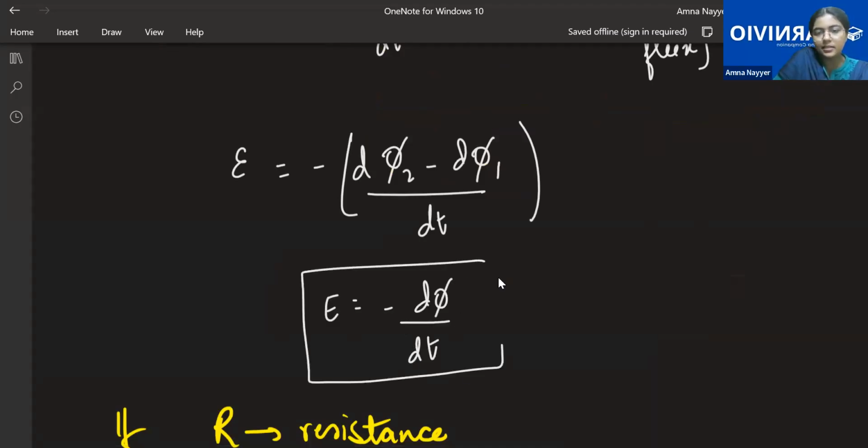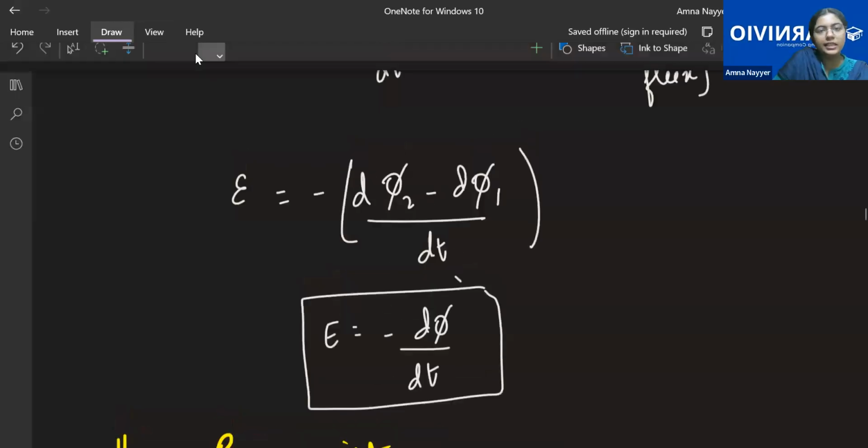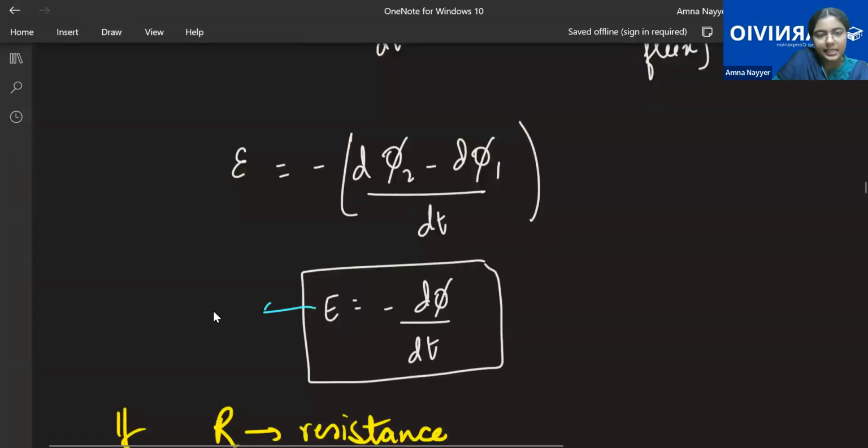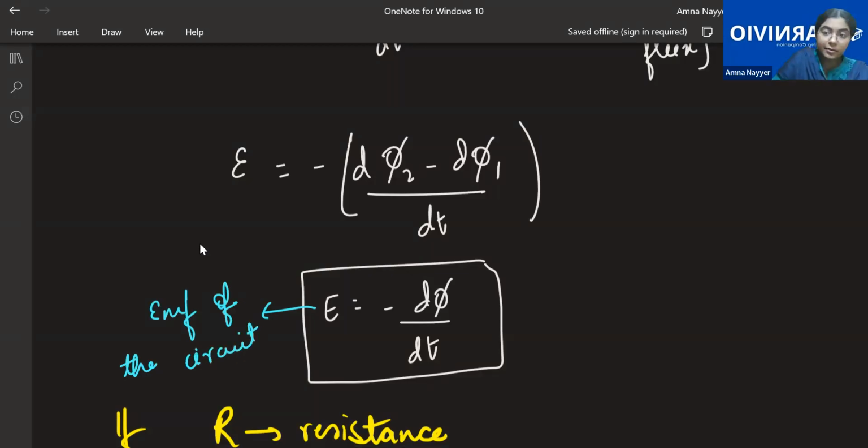This is the formula of the EMF. What is E? E is the EMF of the circuit, and this is not the original EMF that is present. This is the induced EMF.